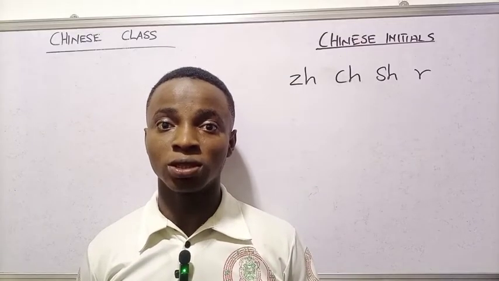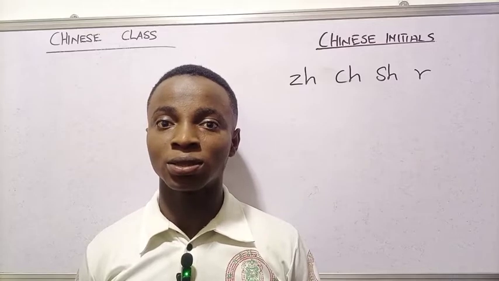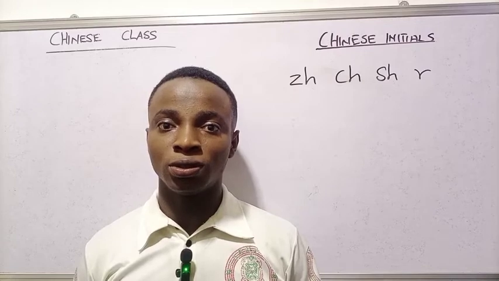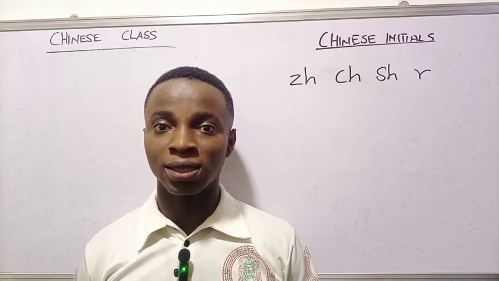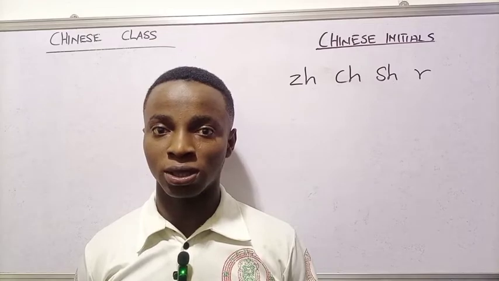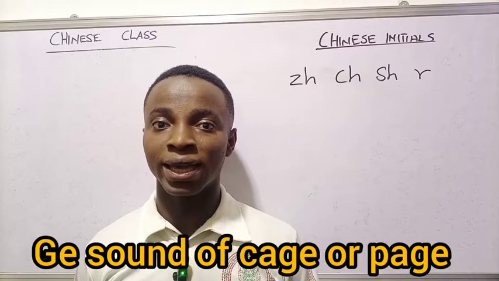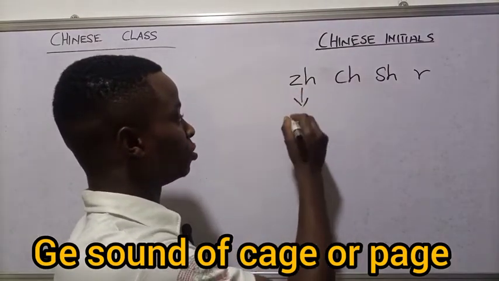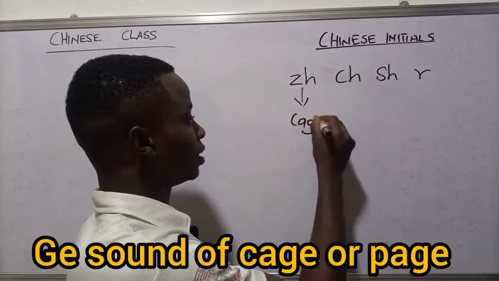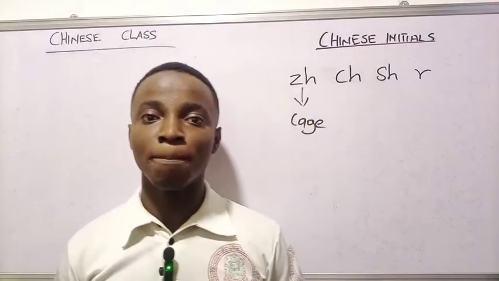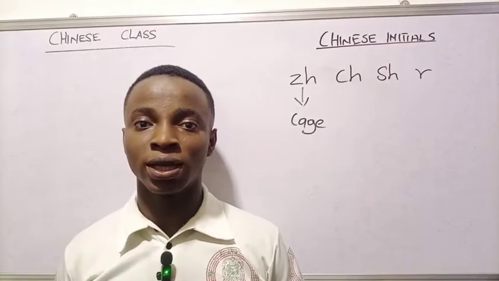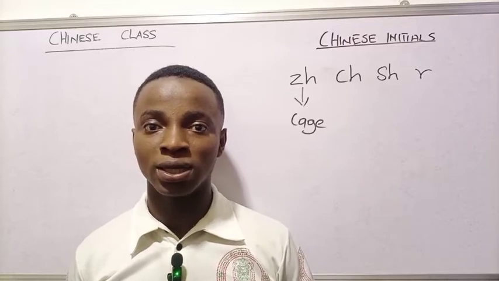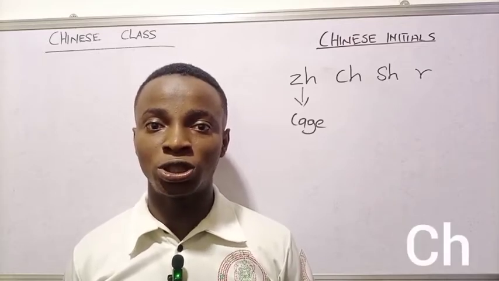The first one written on the board is pronounced like the J sound in English, for example the word cage. The J sound in cage or in page. Cage.